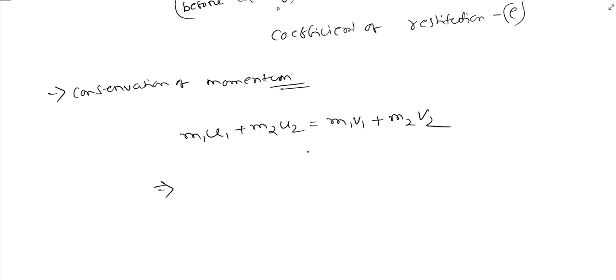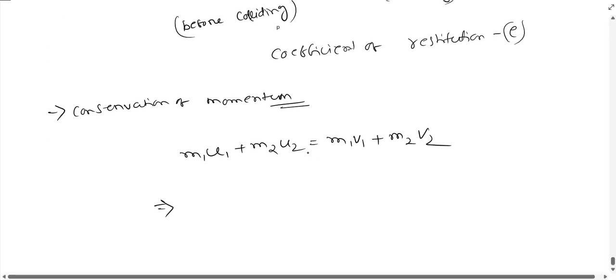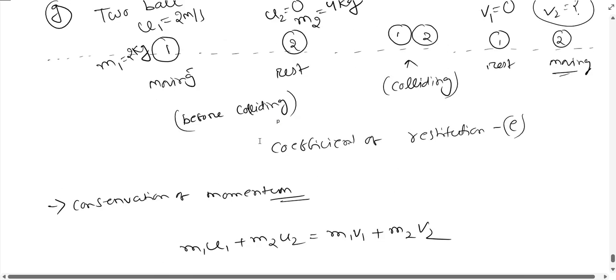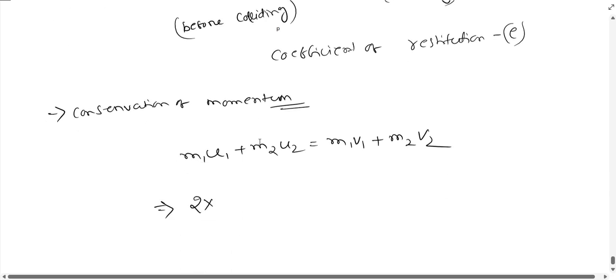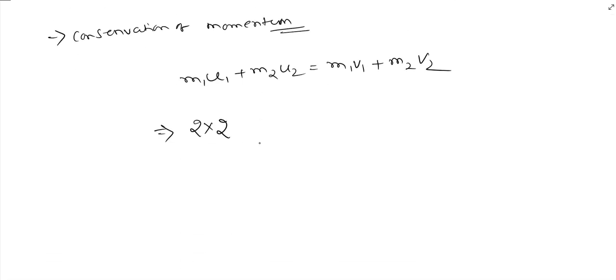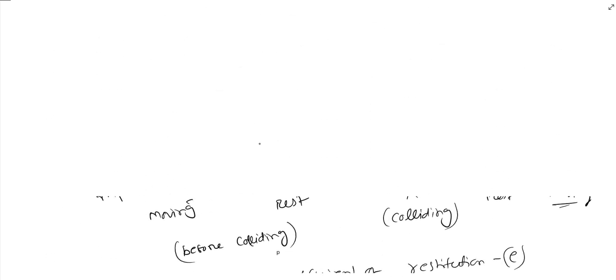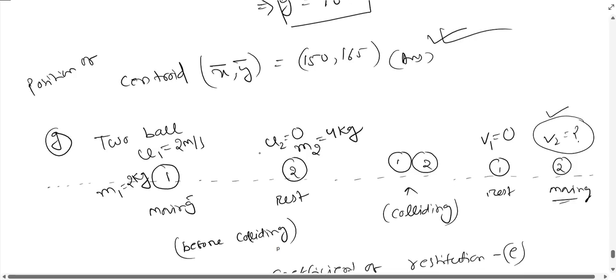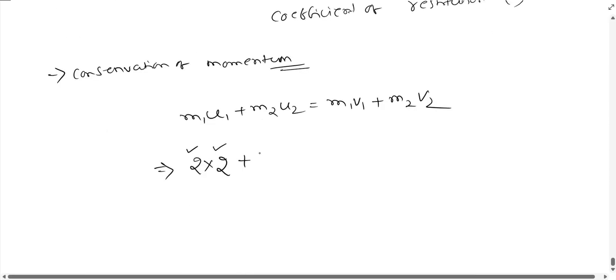We know the mass of ball 1, that is 2 kg, and the initial velocity of ball 1 is 2 meter per second. We know the mass of ball 2, which is 4 kg. Its initial velocity is not given because it is at rest, so u2 is 0.